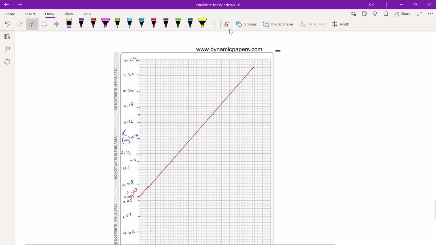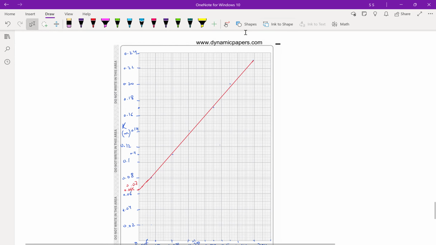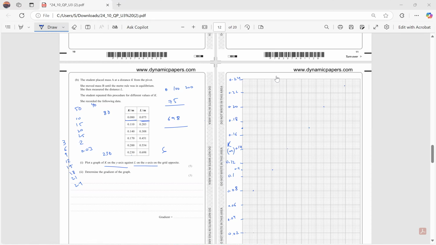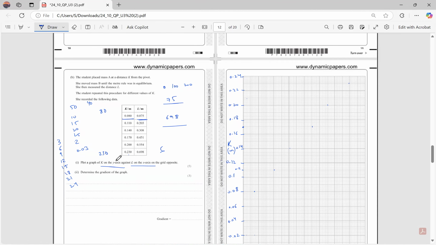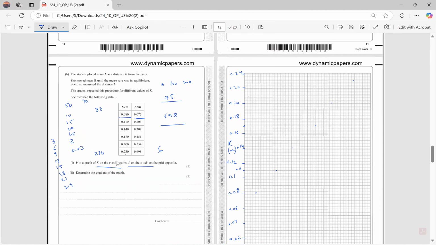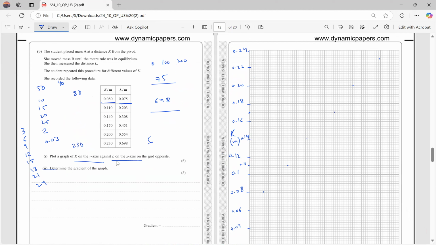Now, once we have the graph, we can move on to the other questions. So, determine the gradient of the graph. That's part two. It's 3 marks. We can use the points from here. Gradient is just equal to y2 minus y1 over x2 minus x1.